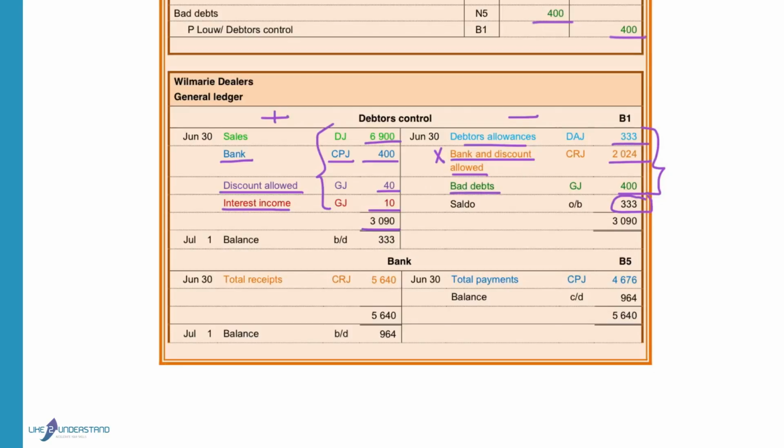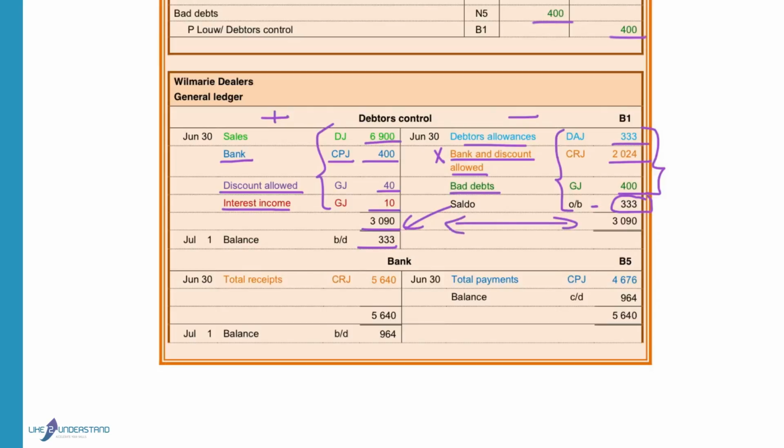That is my balance that I will take down to the next month, and on the opposite side to indicate in July that we start with an outstanding amount of 333. After we entered this 333 on the credit side above the total, and I add up all the amounts up to the total now, it will give me the same total as the total on the debit side.